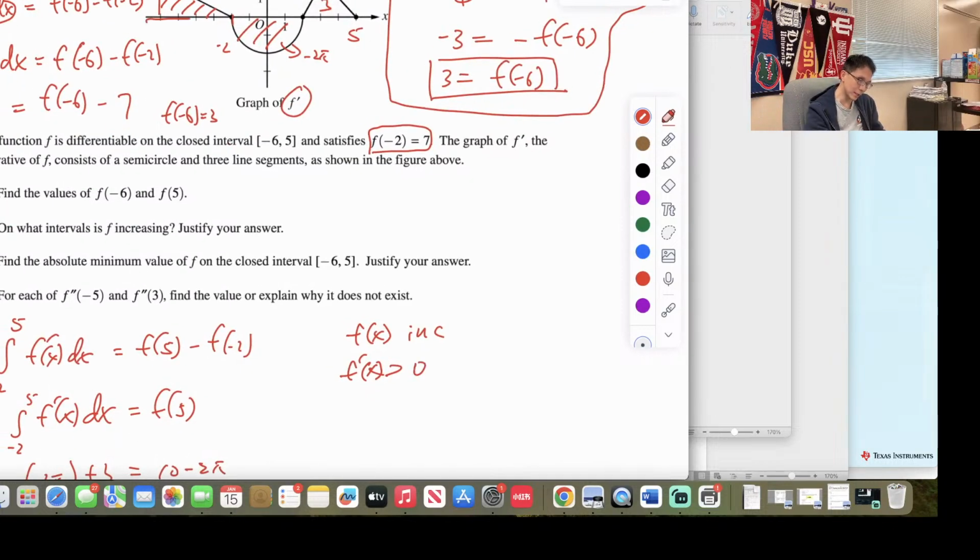Because this is 0, anything above here is going to be positive. So you're going to assess from -6 to -2 and from 2 to 5. And you can say f prime of x is above the x-axis, or f prime of x is greater than 0. That's good enough for justification. Is that okay?